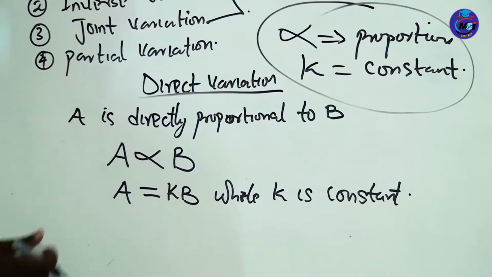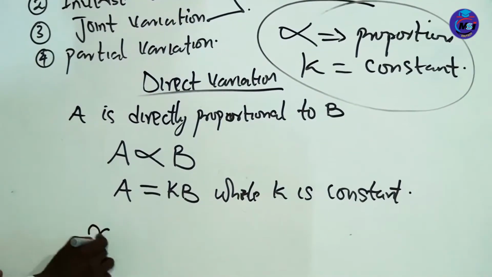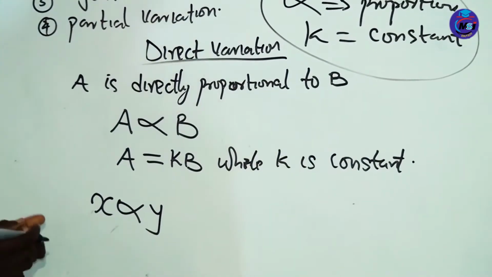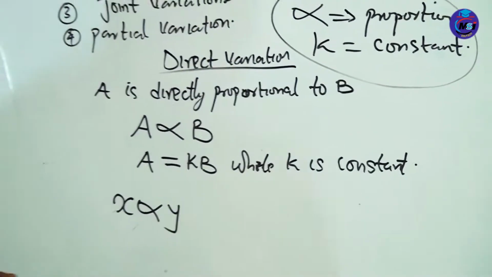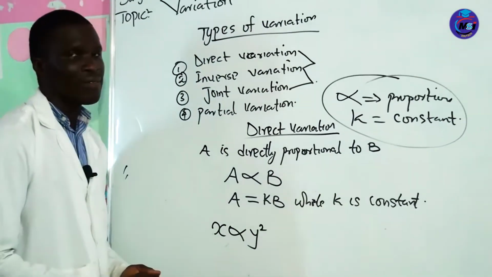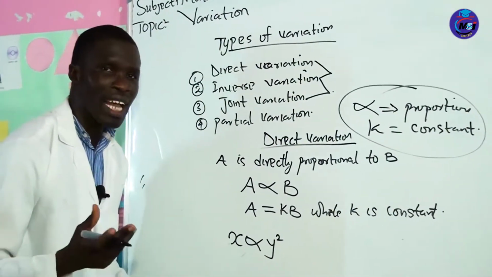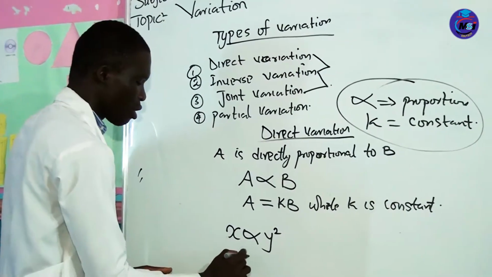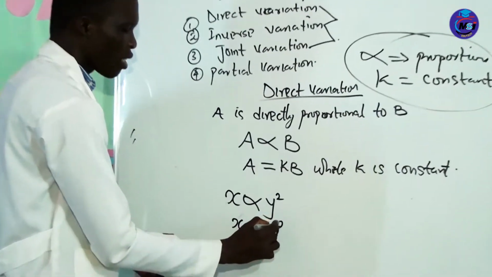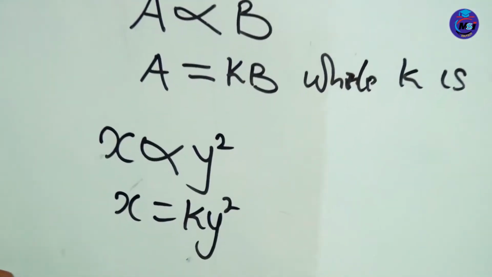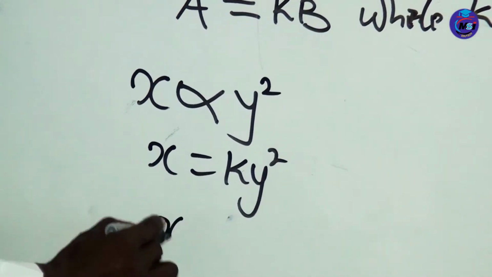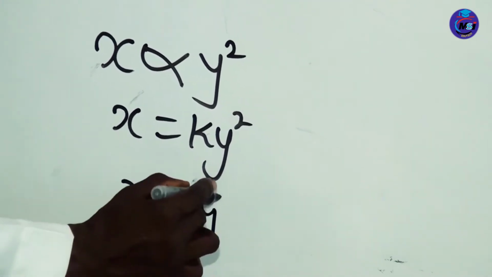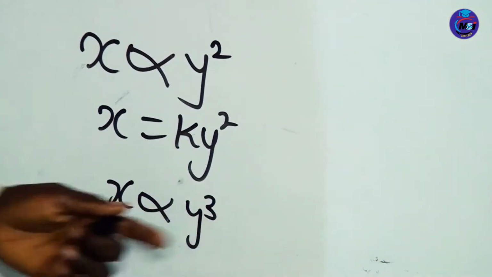Now, we can use X. We can say X is directly proportional to Y, or we can say X is directly proportional to the square of Y. So you need to really understand the question before you interpret it. So X will give us KY squared. Or we may have X directly proportional to the cube of Y. You know this is cube.